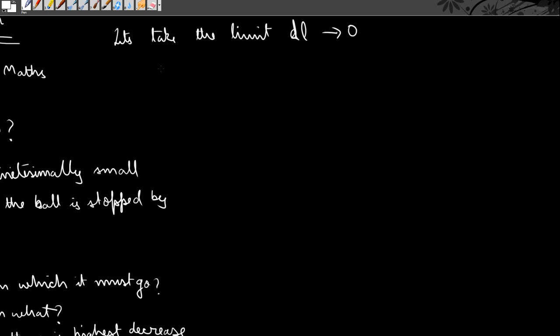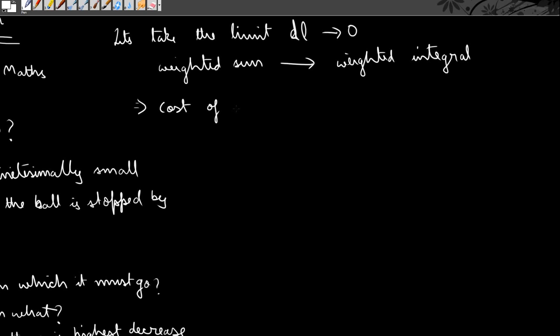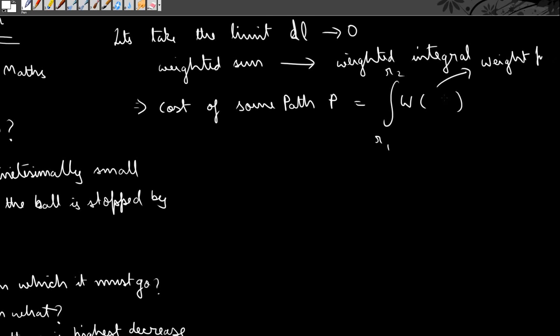When we do this, the weighted sum will basically become a weighted integral, and this implies the cost of some path p will be given by the integral from some position r1 to r2 of some function, which I would like to call the weight function, which depends on some quantities k1, k2 dot dot dot.